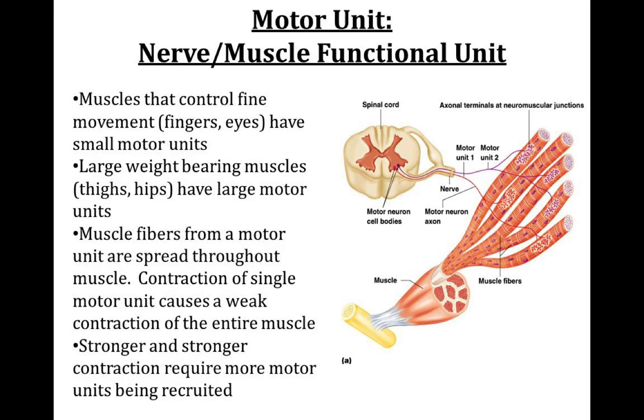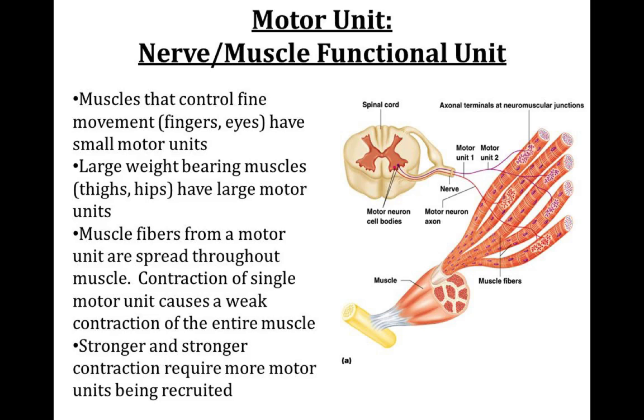If you have a light switch that, when you flip it, turns on 500 light bulbs, they are all going to turn on at the same time. Same thing with a large motor unit.